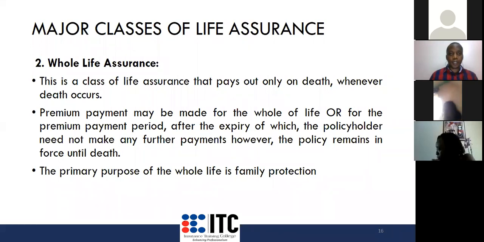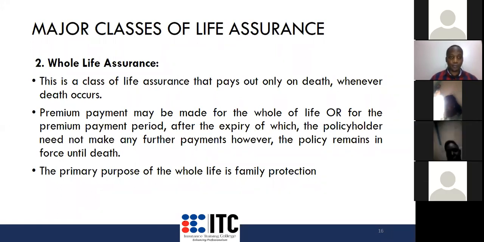The second class is a whole life assurance policy. So this is the class of insurance that pays out only on death whenever it occurs. So when we look at this one, the issue of policy term may not really be there.